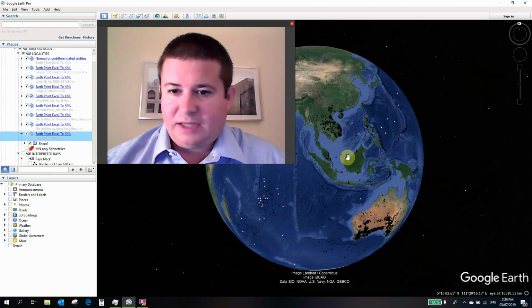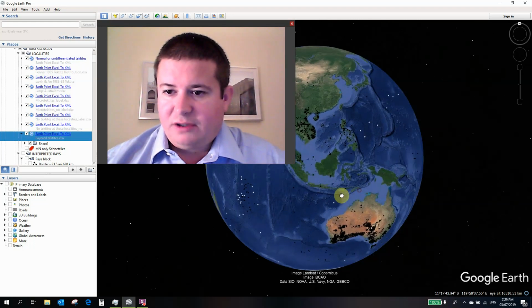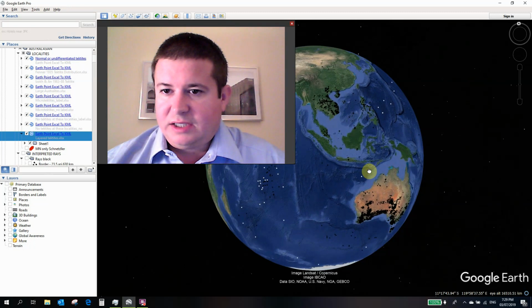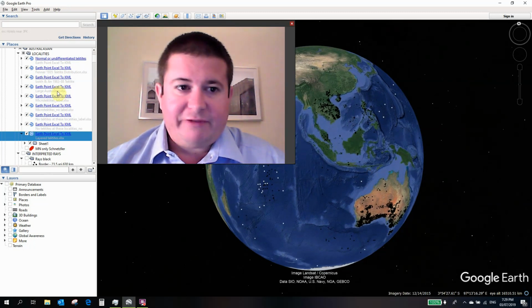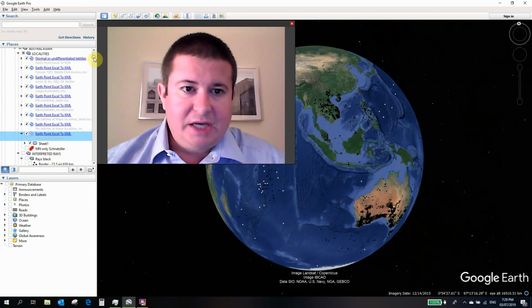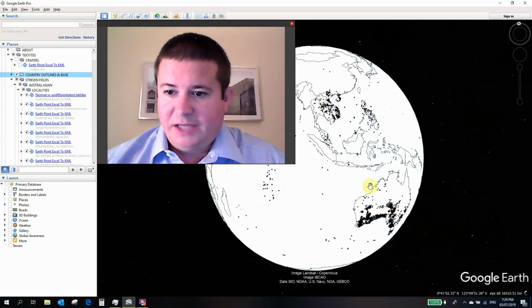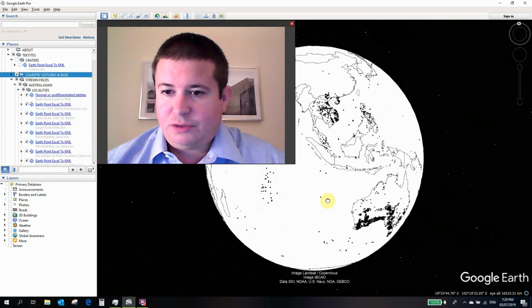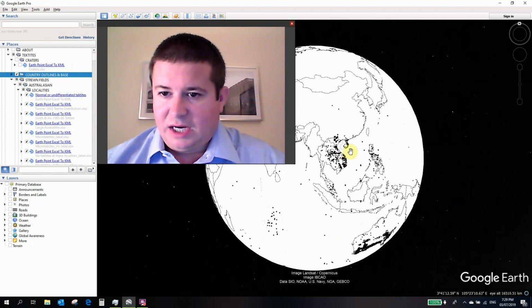That's the layered tektites. So the white dots are areas where microtektites have not been found. The black dots are where tektites, Australasian tektites specifically, have been found. Let's make the land area white, and it's a little bit easier to see then the distribution of Australasian tektites.